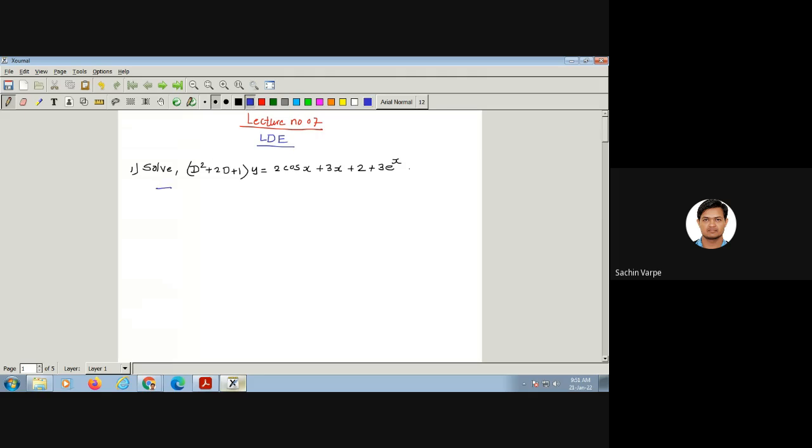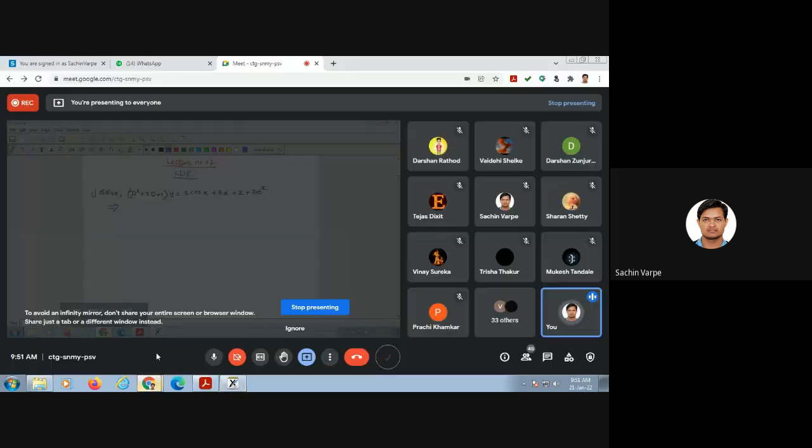So start, everyone. Everyone will have to put your complementary function in the chat box. What are the roots here?